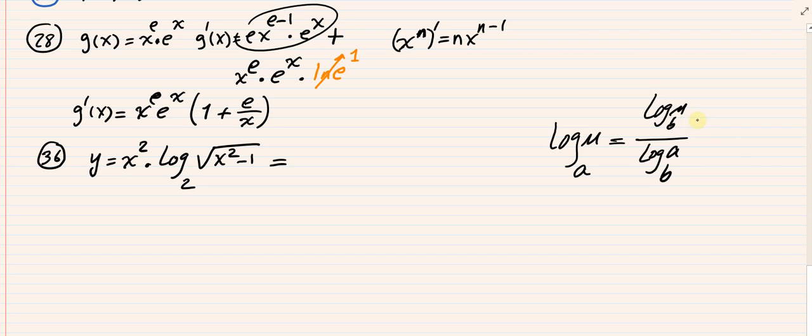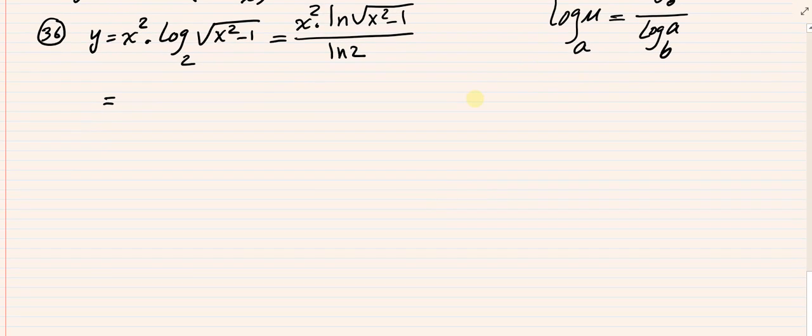So I'm going to write the log base 2 as natural log of square root of x squared minus 1 over natural log of 2. So in other words, I'm choosing to go with log base e. Okay, you can go common log, that doesn't matter. But natural log works nicer in general in calculus courses in integration and differentiation.